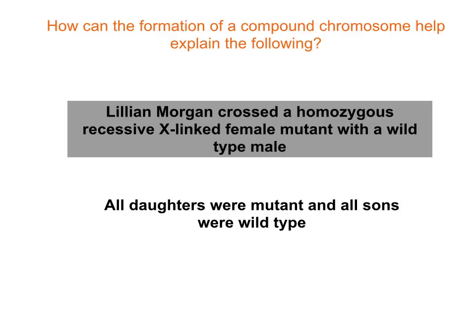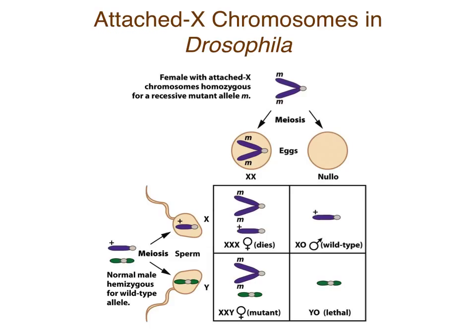What she used compound chromosomes to explain, kind of like when we're looking at Albright, is it Albright? I can't remember, Morgan's grad student, who was looking at non-disjunction to explain deviations in the pattern. Lillian Morgan is doing the same here.